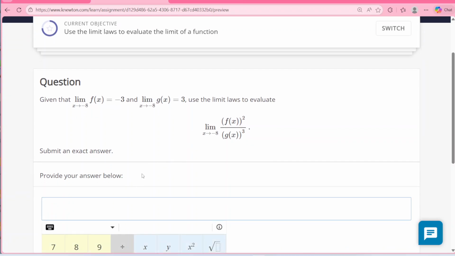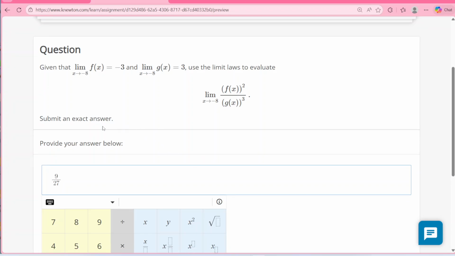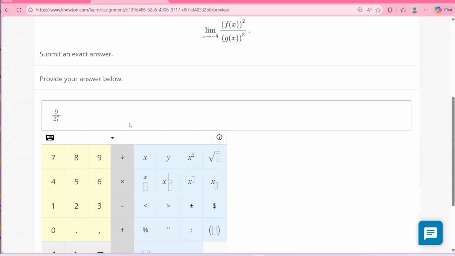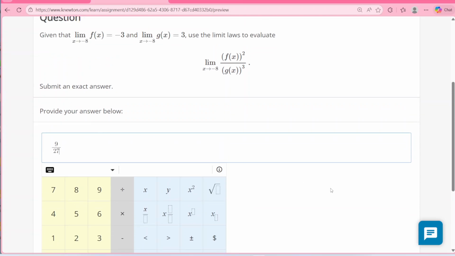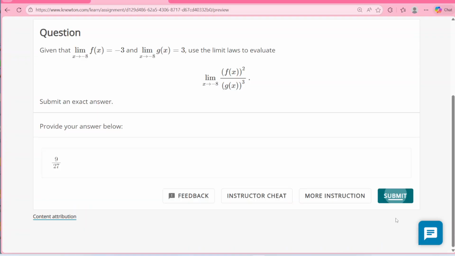So I have 9 in the numerator divided by, and then g is going to 3. So this denominator should be going to 3 cubed. 3 cubed is 27. Like I said, they said submit an exact answer. Nowhere in the instructions do I have to simplify. Now 9 divided by 27 is 1/3, but this should be acceptable.